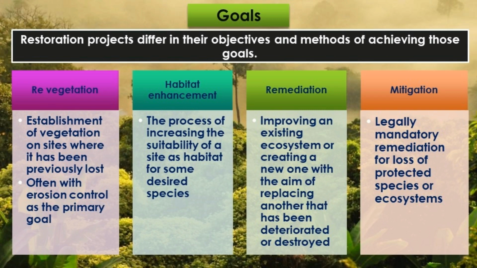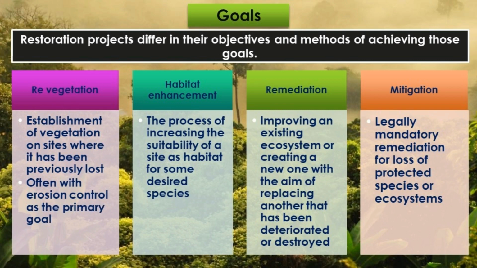Restoration projects differ in their objectives and methods of achieving those goals. These are revegetation, habitat enhancement, remediation and mitigation. Revegetation is the establishment of vegetation on sites where it has been previously lost, often with erosion control as the primary goal.